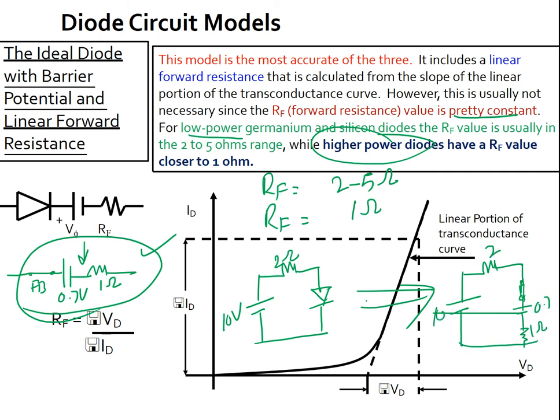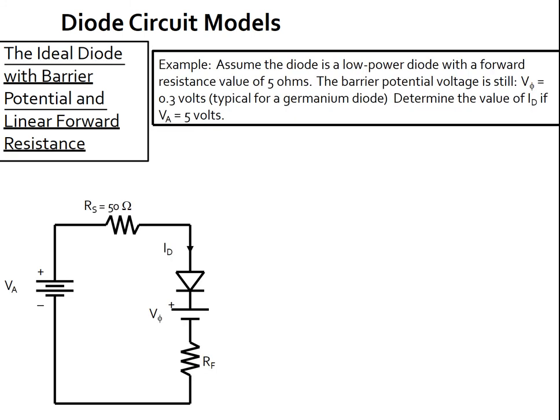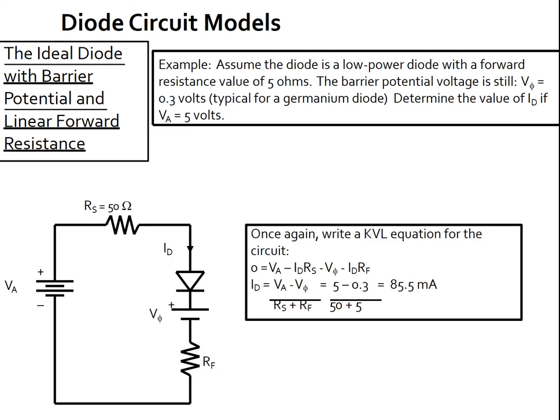So we can replace the diode with this model. Then we can apply simple DC circuit analysis techniques and calculate the voltage drop here or whatever current is flowing inside this circuit. These three kinds of circuit models, we will be using for circuit analysis.